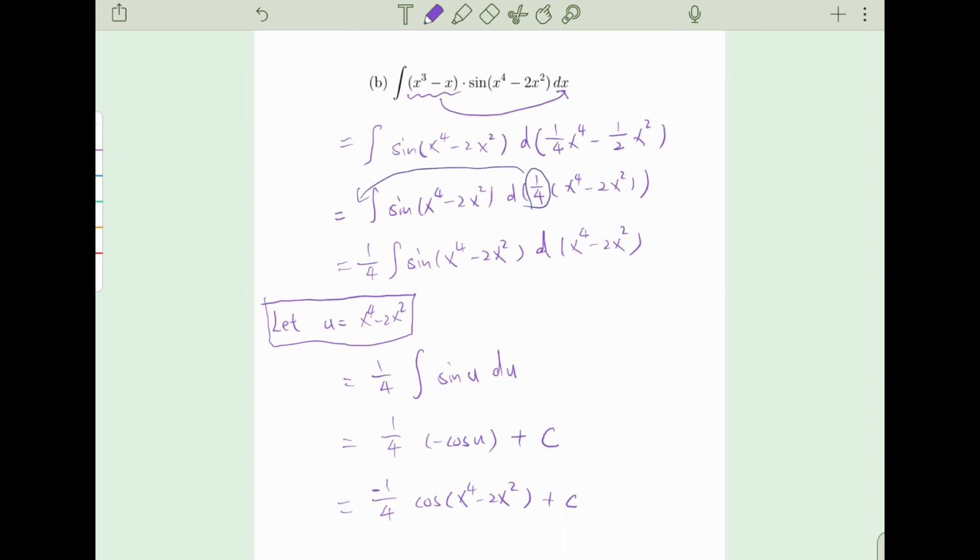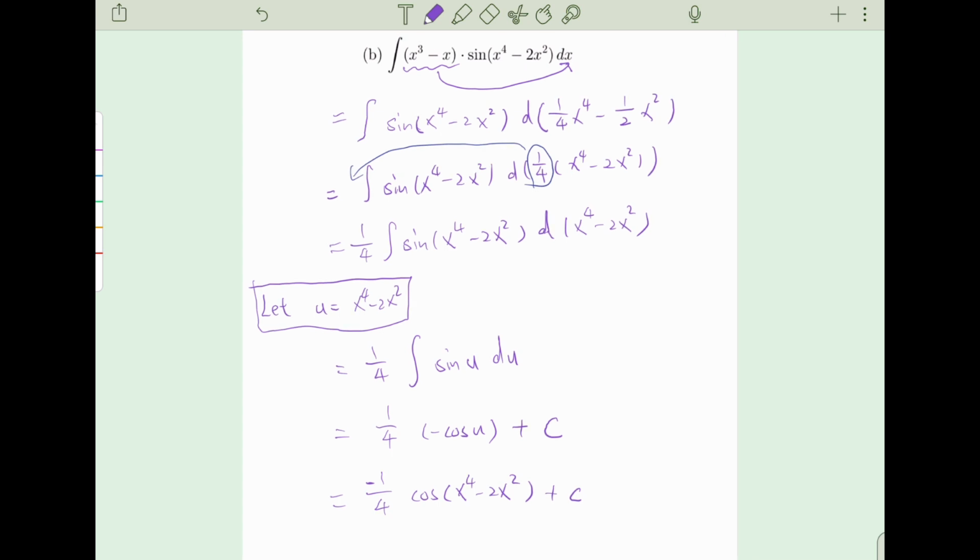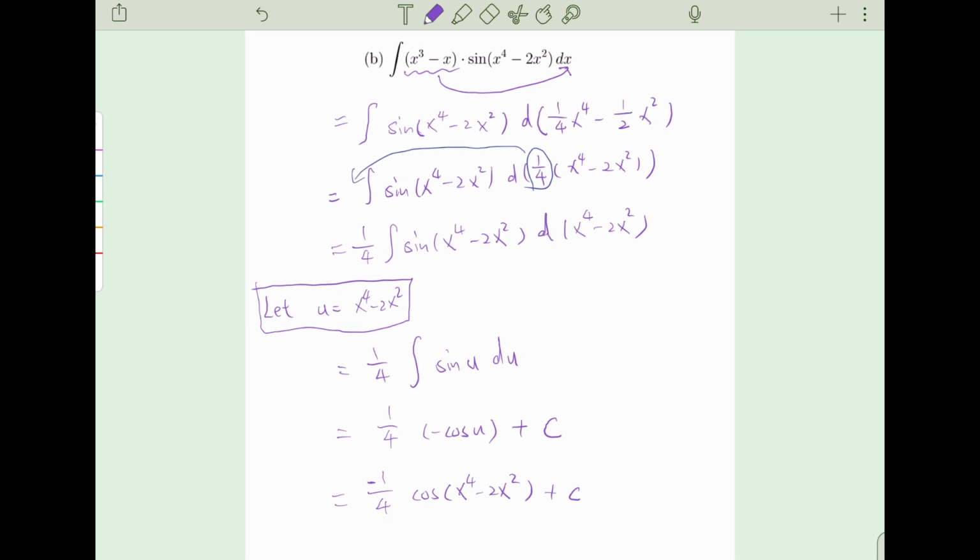Should not be too difficult to understand, right? So the confusing thing here is the ugly, complicated expression x to the 4 minus 2x squared. But it's easier to think of letting that go into the differential sign and do the also obvious factorization. Okay, so that is our question B.